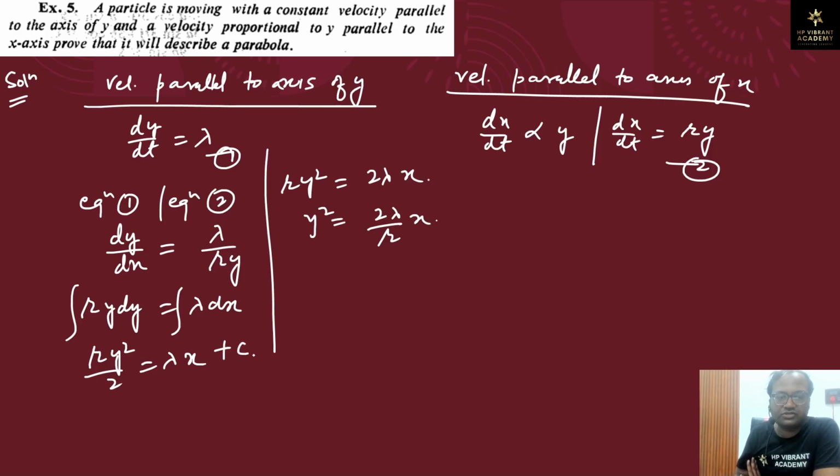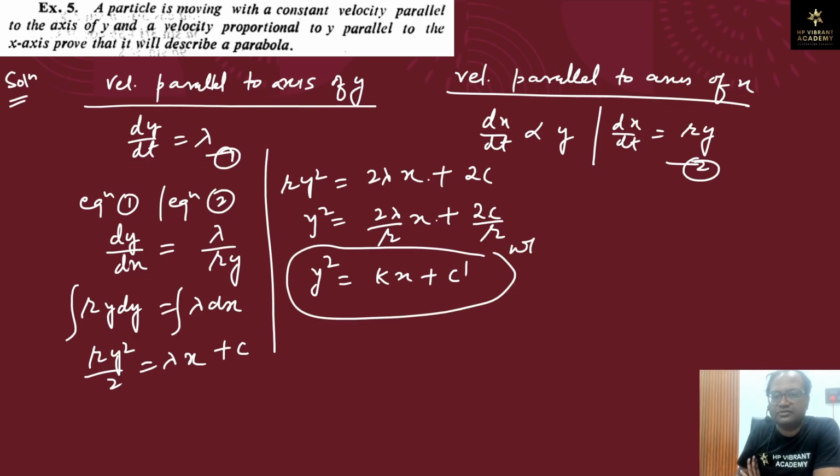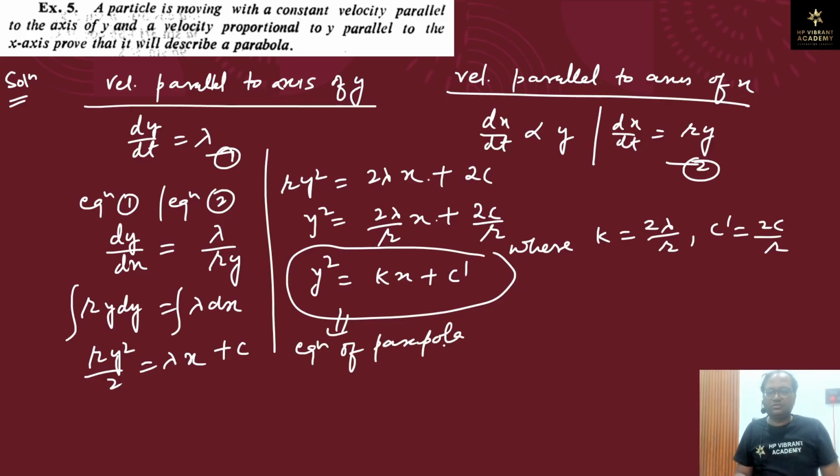There will be a constant of integration also, plus 2c, and this is 2c upon mu. So y square is equal to kx plus c dash, where k is equal to 2 lambda upon mu and c dash is equal to 2c upon mu. So this represents the equation of a parabola. This means it will describe a parabola.